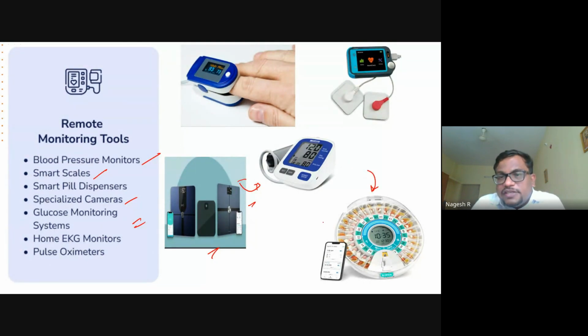This is a smart device in which the pills are loaded, and at the right time the window of the pill dispenser opens and suggests the patient take a particular pill. And after the pill has been dispensed, the dispenser is capable of sending this data to the hospital or whoever it is, so that they can keep track of whether the patient has administered the required medicine which we have given.